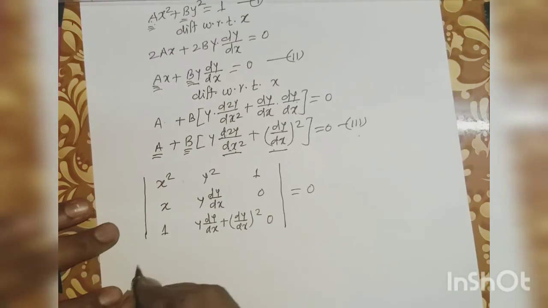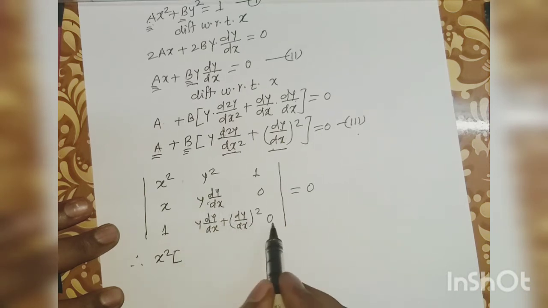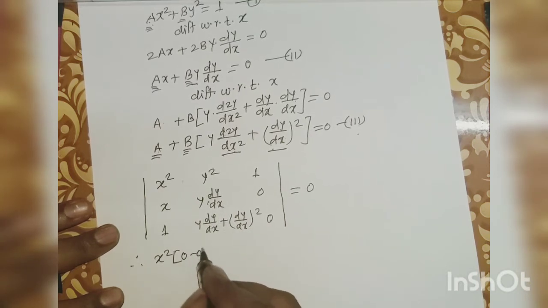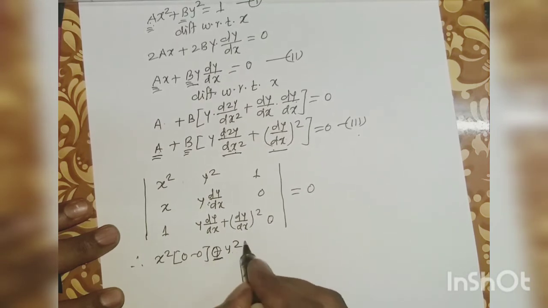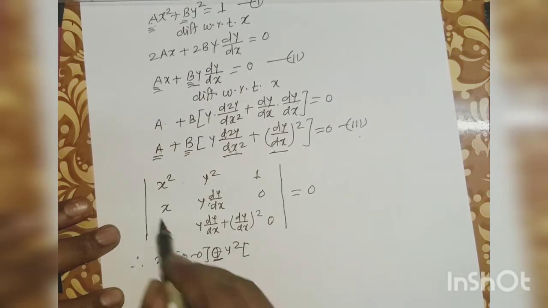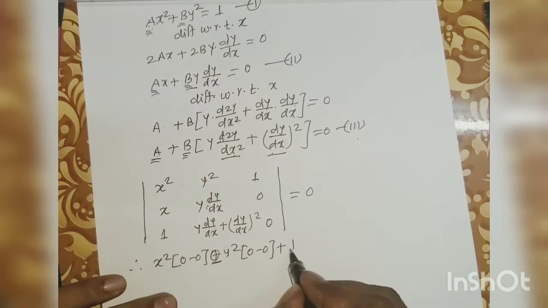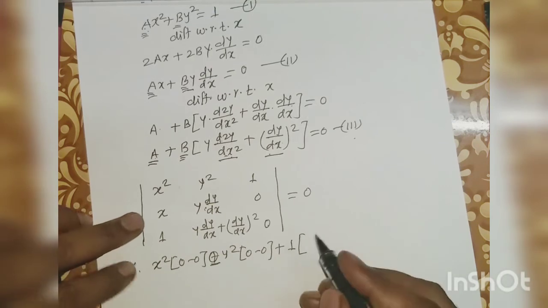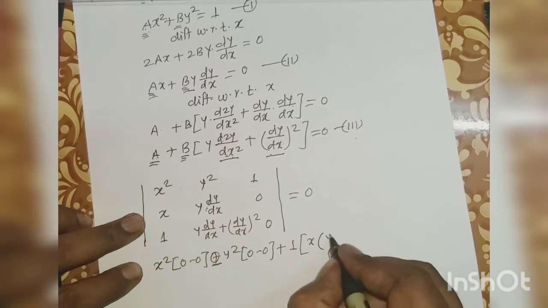Now after solving this determinant: x square bracket 0 into this term is 0 minus 0, minus y square bracket 0 minus 0, plus 1 bracket x into this, x, minus y.